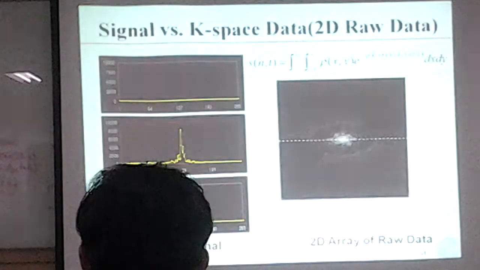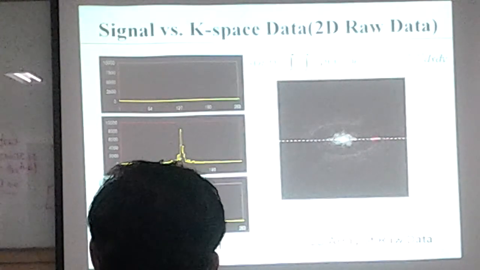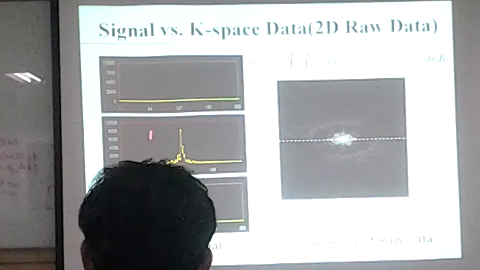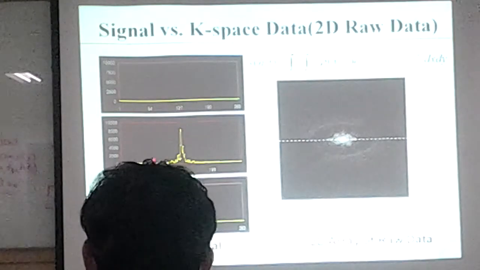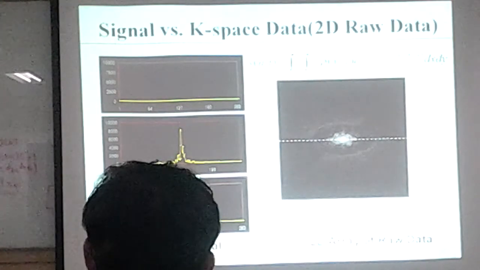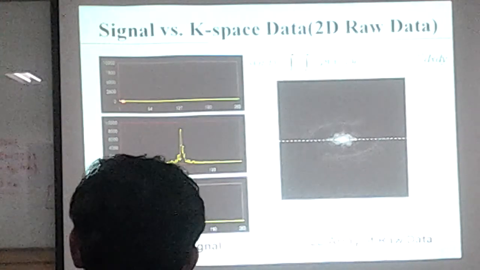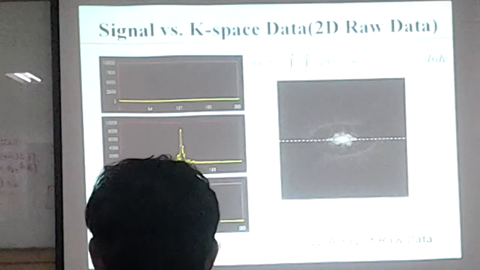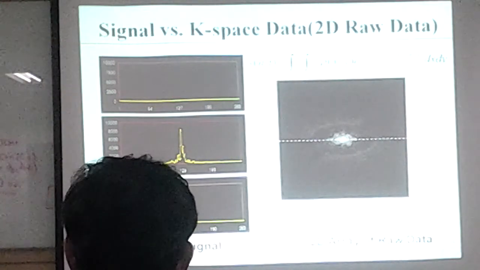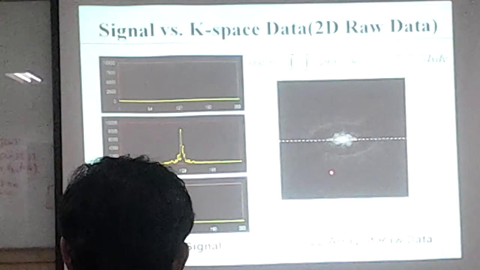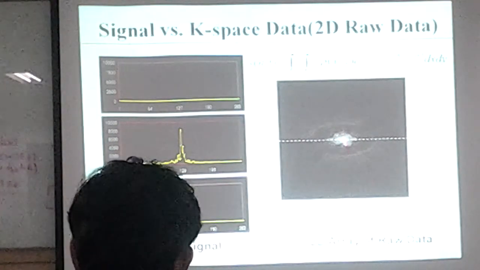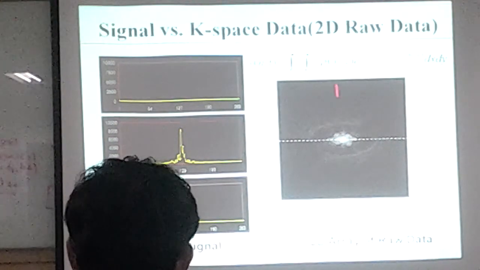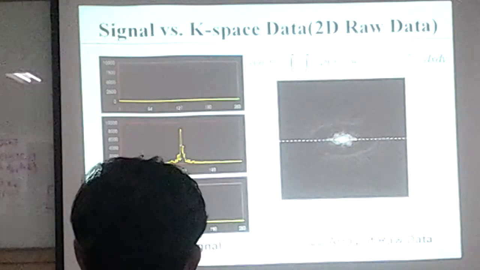That's why only the center signal has the maximum intensity. For the large phase encoding gradient, most signals are reduced like this. The vertical direction has the same tendencies.